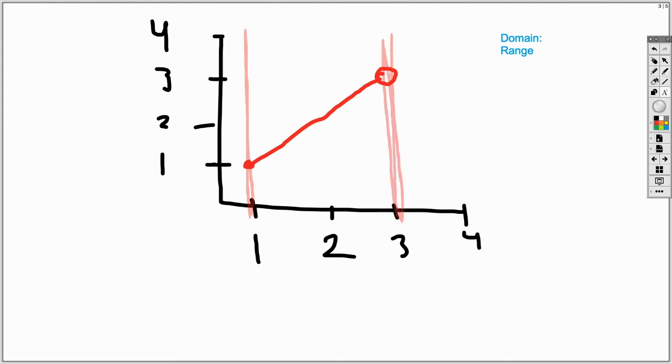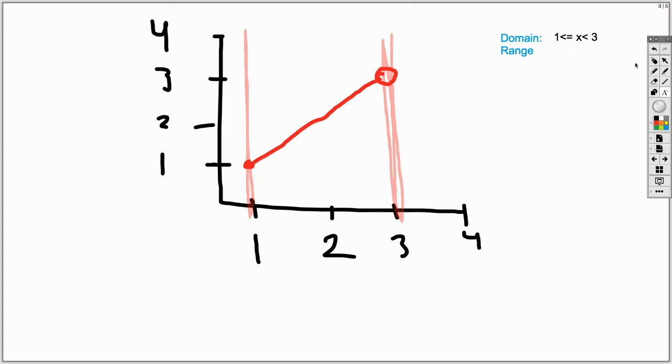So our domain will be 1 less than, and it's a closed dot, so that would be less than or equal to X, since it's domain. Then it would be only less than and not equal to, since it's an open dot, and then you would write 3.